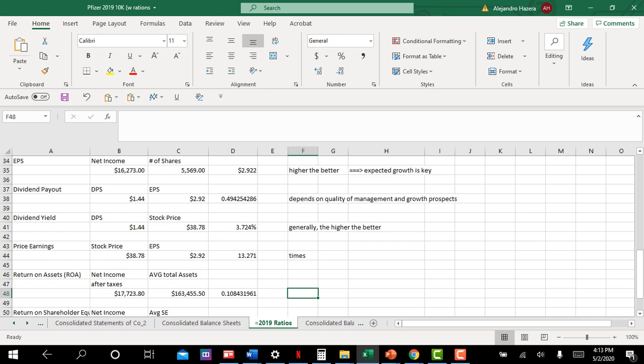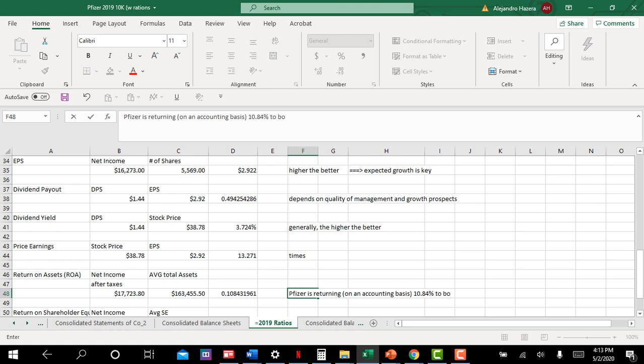Okay, so I'm going to say Pfizer is, on an accounting basis, returning 10.84% to both creditors and shareholders, both types of investors.